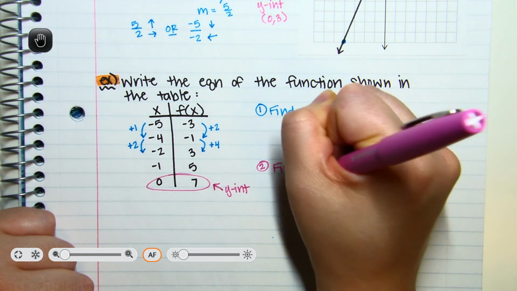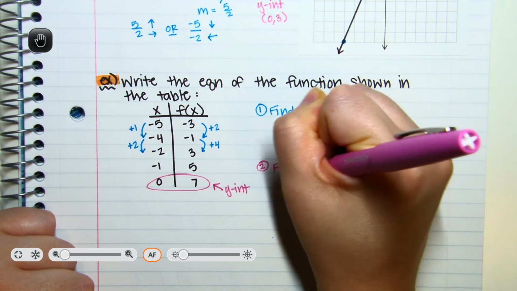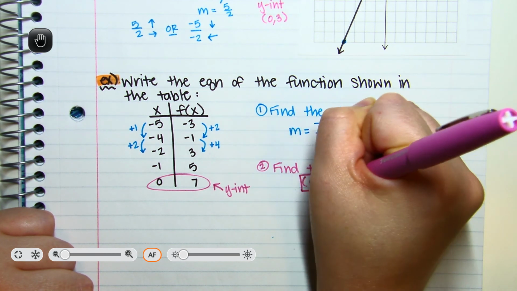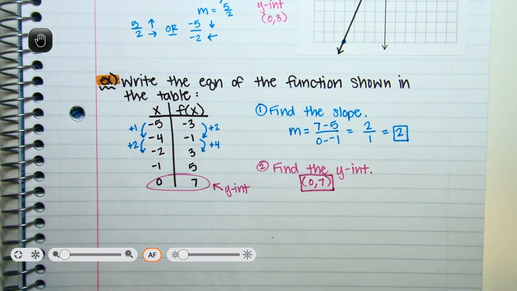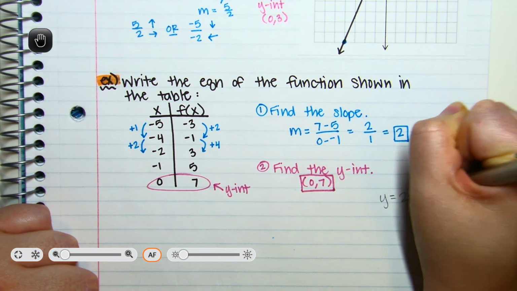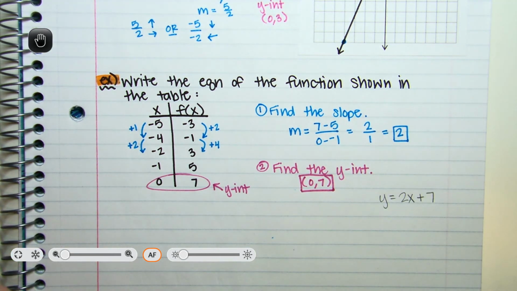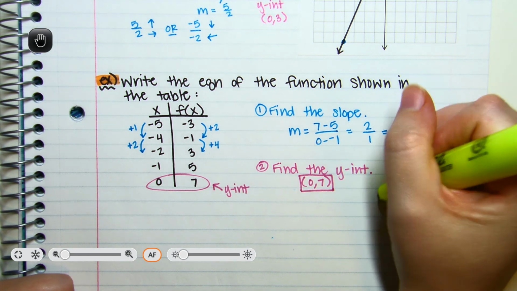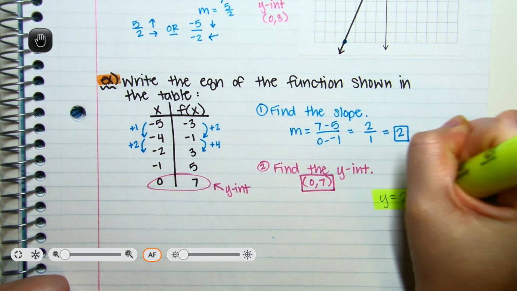So my y-intercept is 0, comma 7. Super nice. So the last thing I need to do is just write my equation using my slope and y-intercept. So y equals 2x plus 7. Just plug them in. And we're done. Easy peasy.